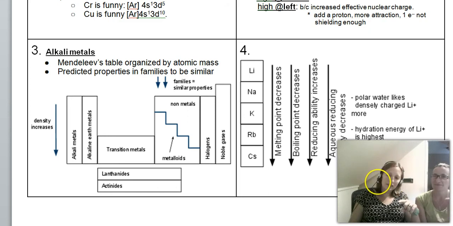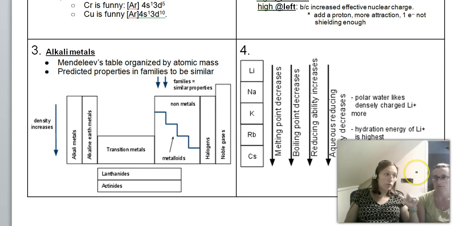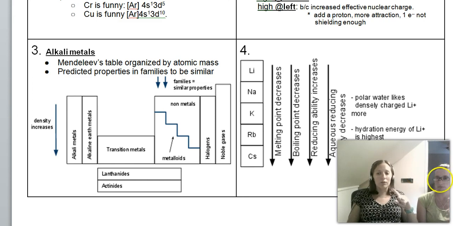So what this is: loss of electrons is oxidation, but gain of electrons is reduction. And that helps you remember that if you lose an electron, you have been oxidized. If you gain an electron, you have been reduced.